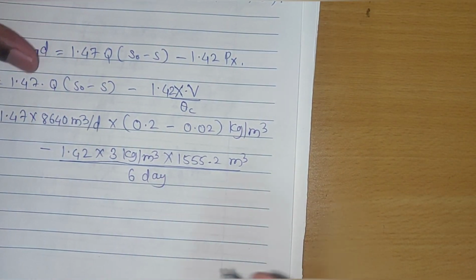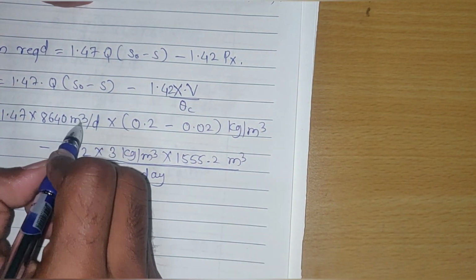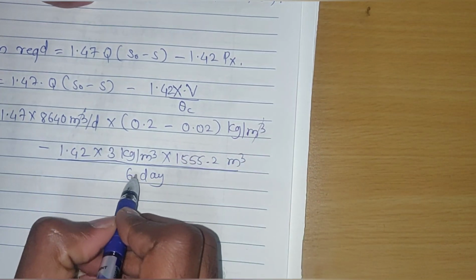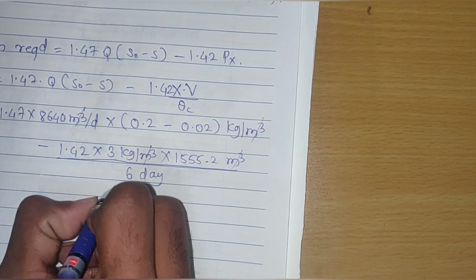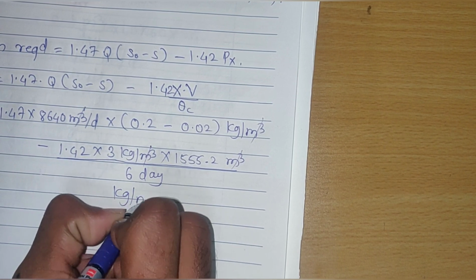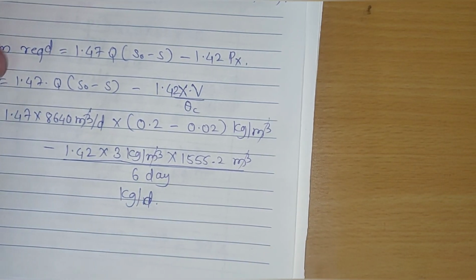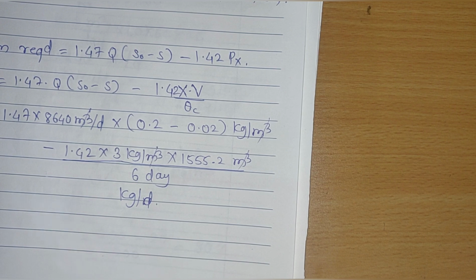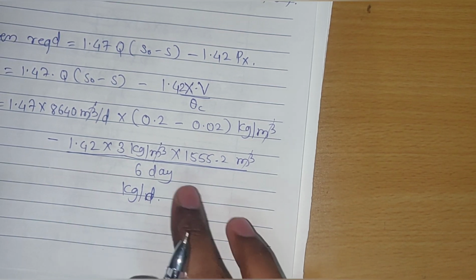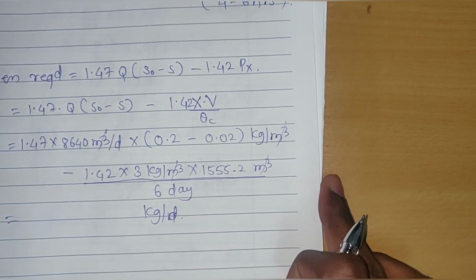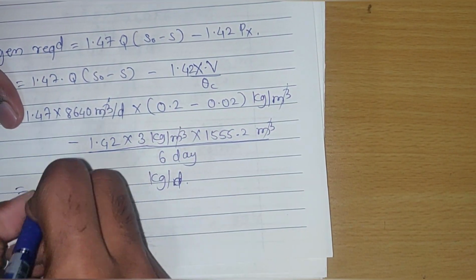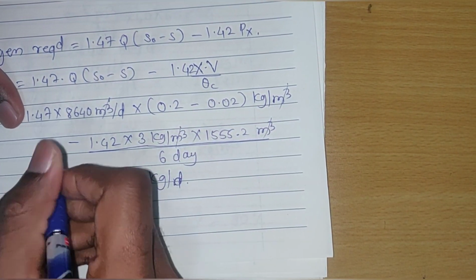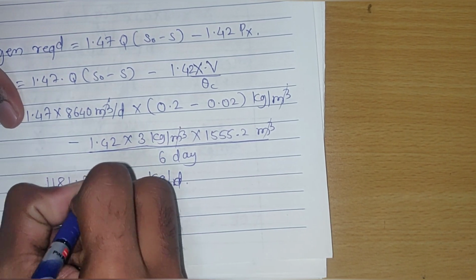Meter cube will get cancelled, meter cube will get cancelled. You will get the value of oxygen required in kg per day. The total day requirement of oxygen will come in kg per day. So its value is 1181.95.